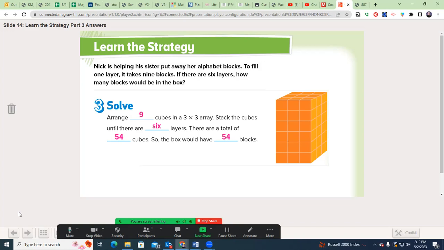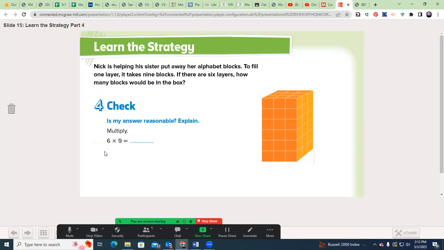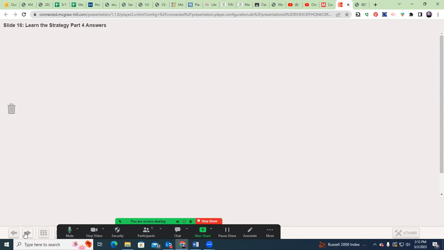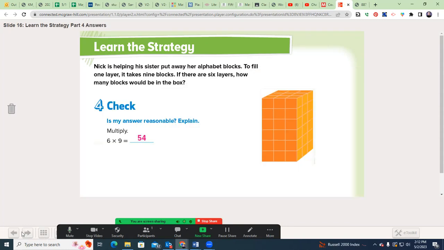Make sure you're writing that in. And you can check your work by actually multiplying 6 times 9, which is still 54.